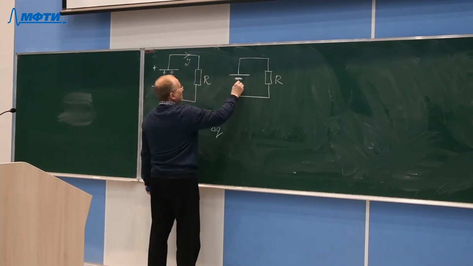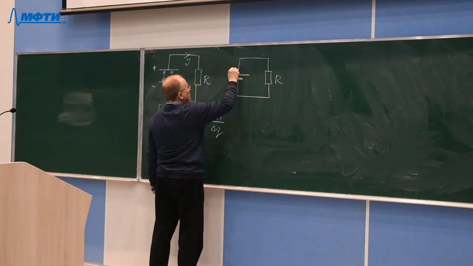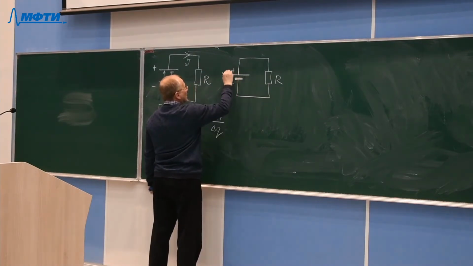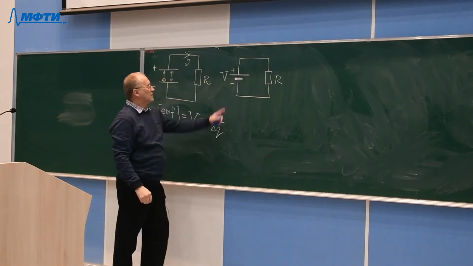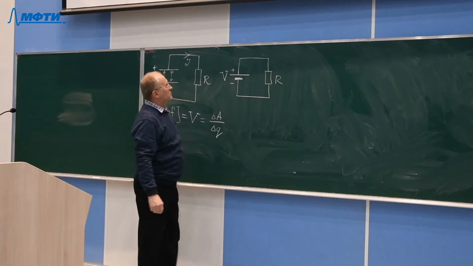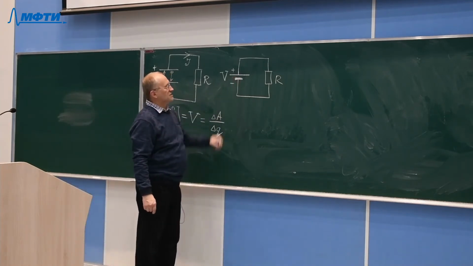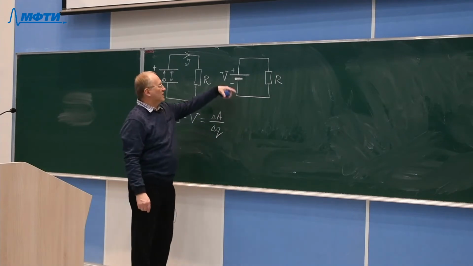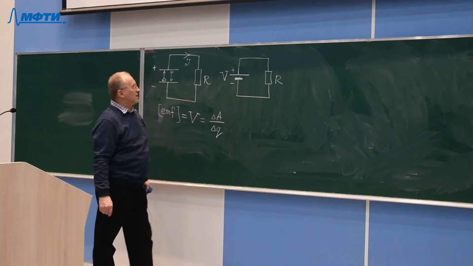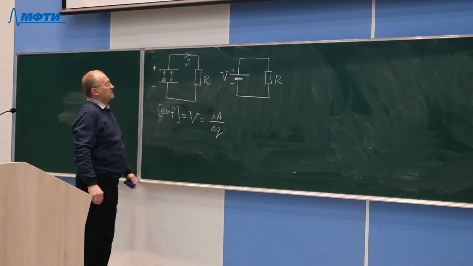So this is a battery which produces some voltage V. Such a notation means that there is an electromotive force, an EMF, inside, whether it may be a chemical element, or an electromagnetic generator in a magnetic field, or some battery or anything else.